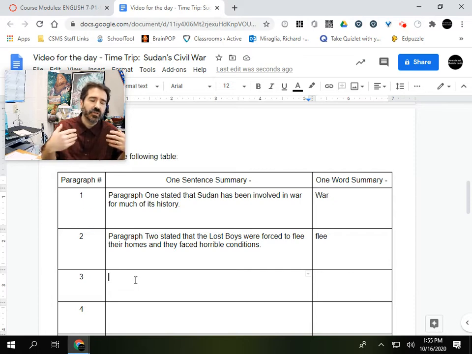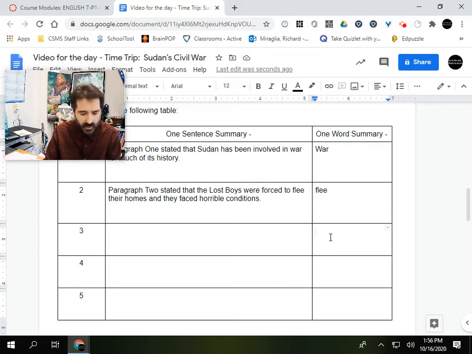Just reading it on paper, it's not real, but when he was speaking it, it was like, oh my, that's crazy. That man right in front of us, who was 15 at the time, had to swim across a river that was infested with crocodiles, and they were shooting at him.